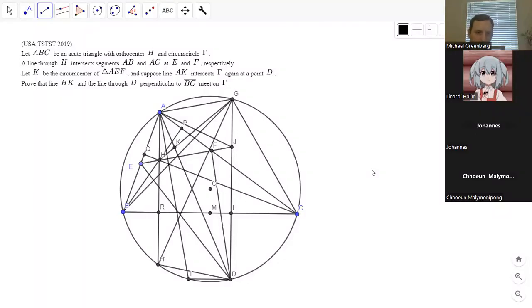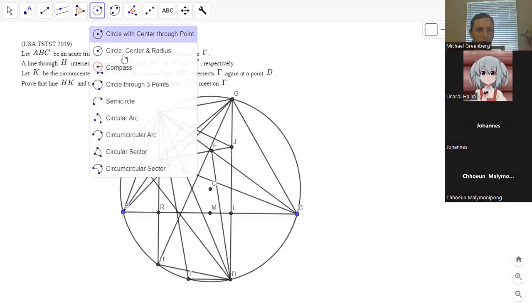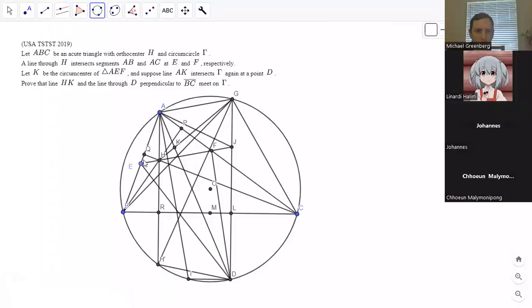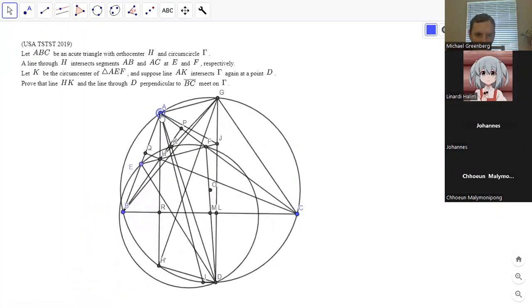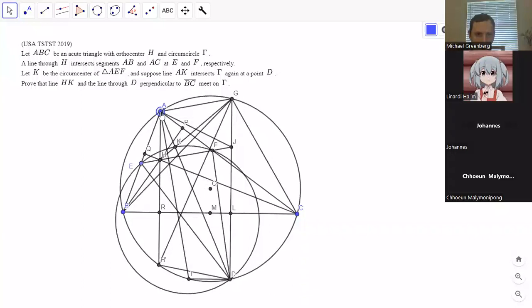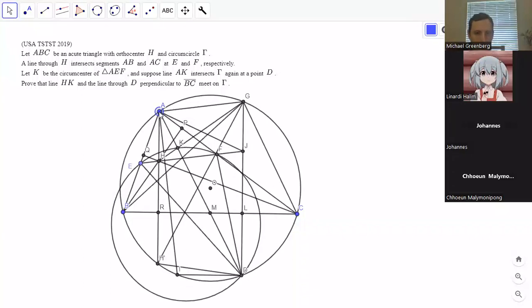Is there any way we could use that information? Oh, maybe we could show KEFD as cyclic, and that would help solve it. Kind of like that strategy.